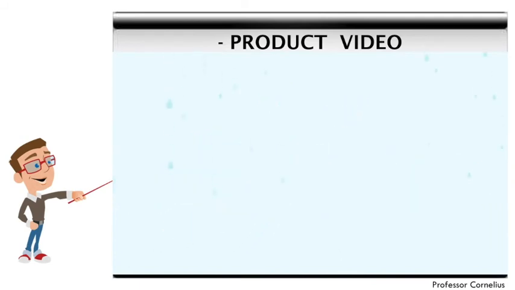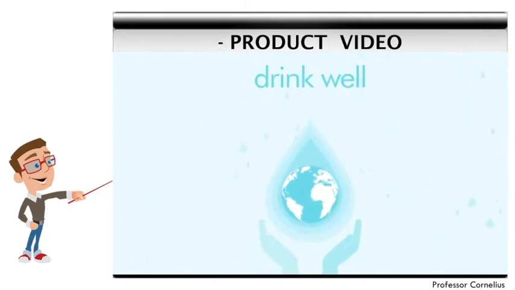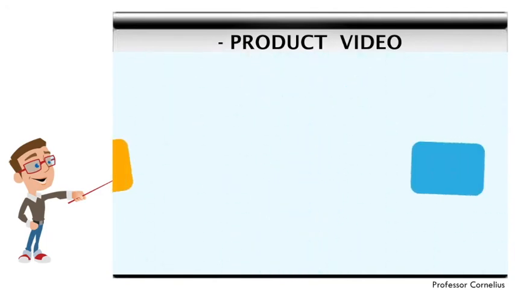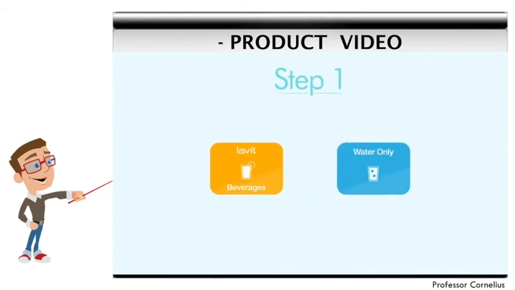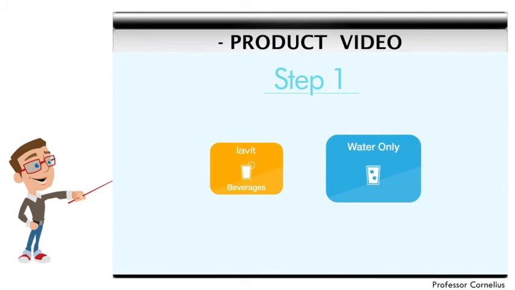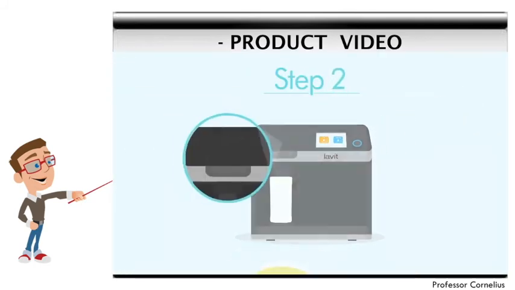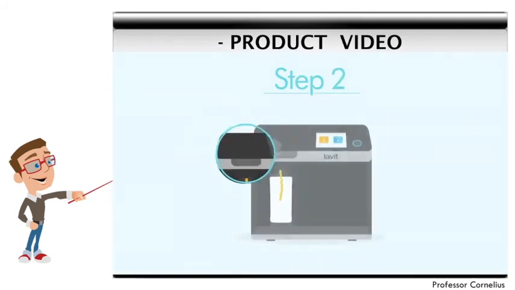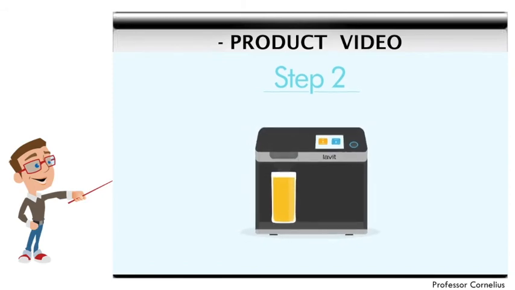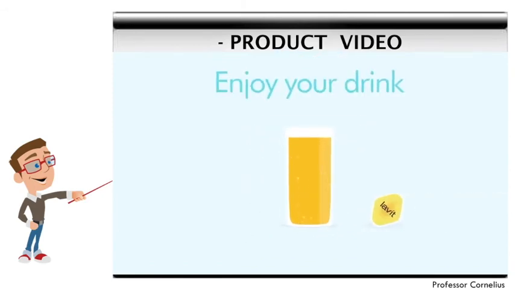And for every capsule consumed, Lavit helps provide clean drinking water to those who need it most. But how does it work? It's as easy as the touch of a button. Choose if you'd like a delicious Lavit beverage or simply water, still or sparkling. For a beverage, pop in your Lavit capsule and follow the on-screen instructions. Enjoy your drink. Enjoy Lavit.